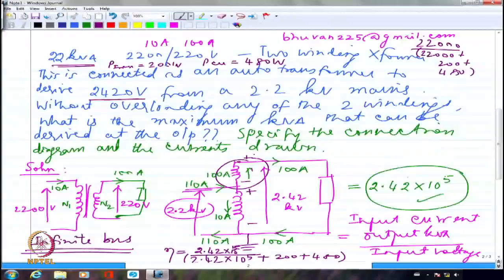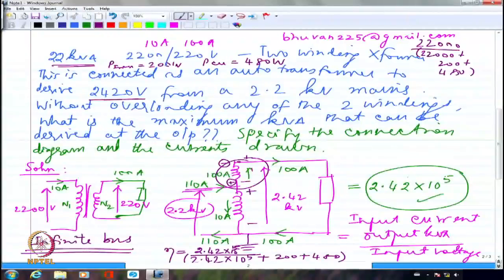If I wanted a value less than 2200, let us say the second winding is of 200 volts, then 2200 minus 200 would have given me 2000. So I could have connected it such that this is plus and this is minus, because I would have the polarity of the transformer clearly marked, or I have to mark it.